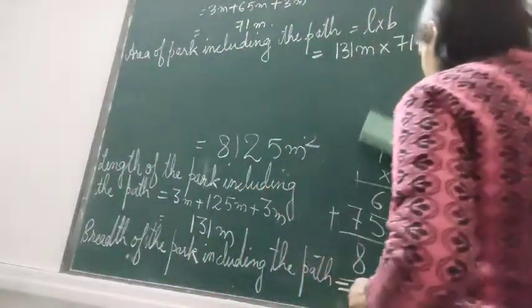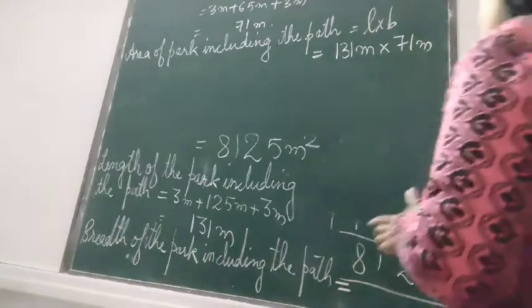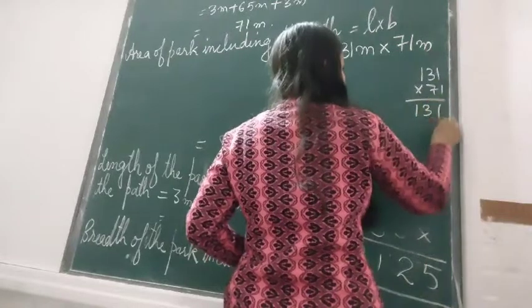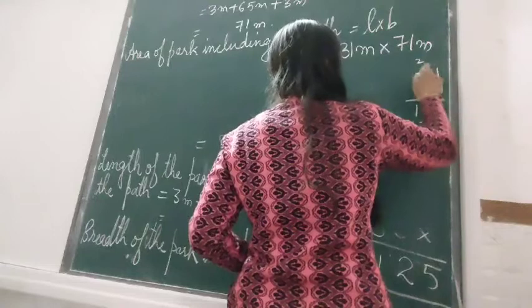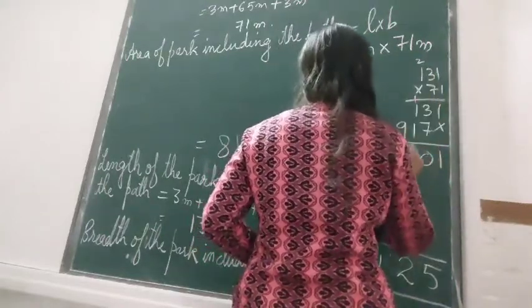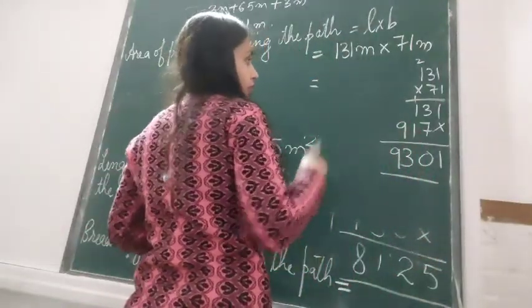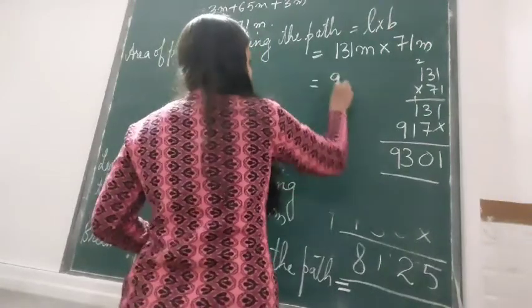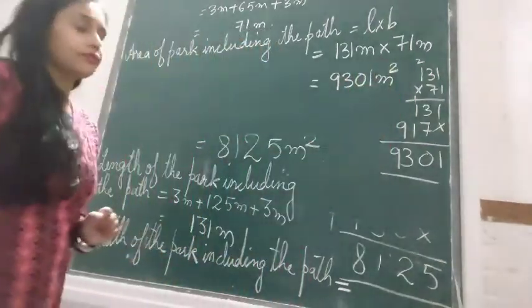Let's multiply 131 and 71. I hope it is correct. Once again I'll check. 7 is 7, 7 3s are 21, 7 is... 9301 meter square, children.